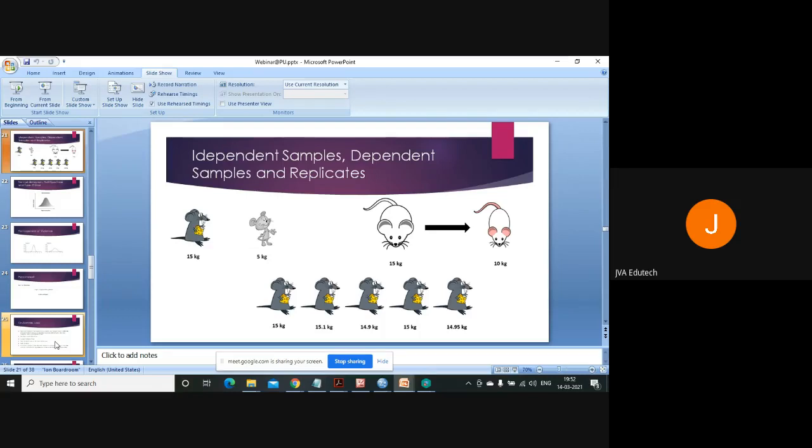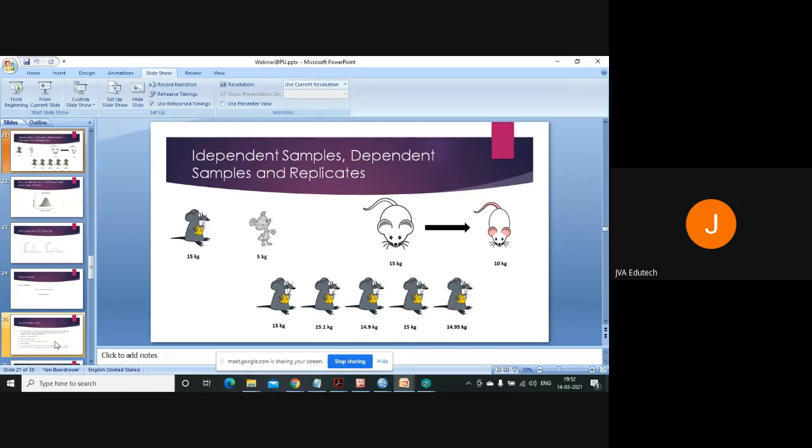So if you want to do a longitudinal study, meaning a study over a period of time, then your case will be of dependent sample, and you can apply the dependent t-test. Basically we have cross-sectional study and longitudinal study.